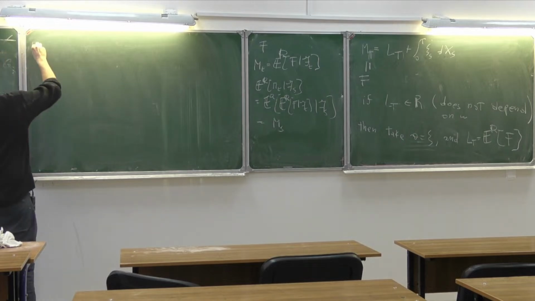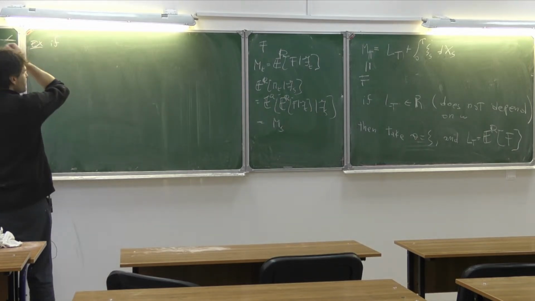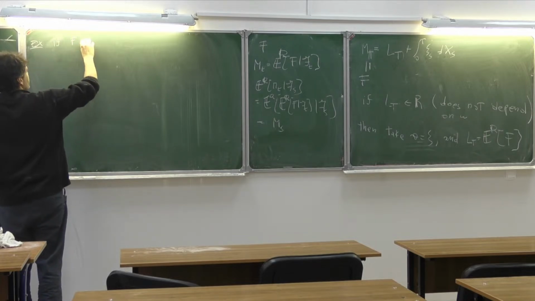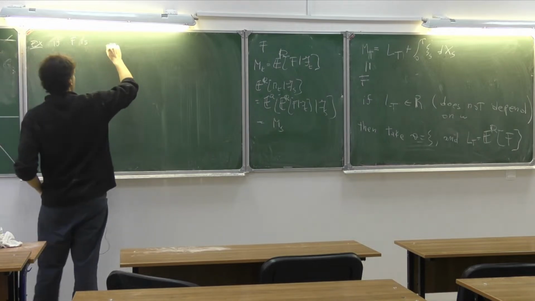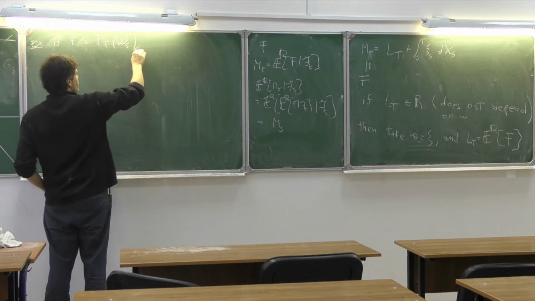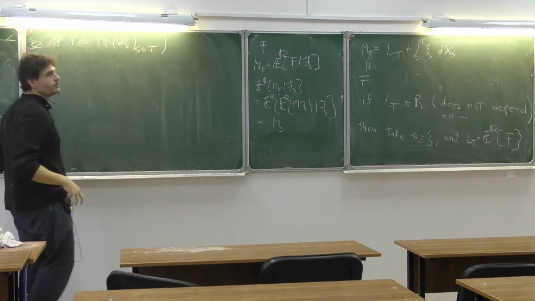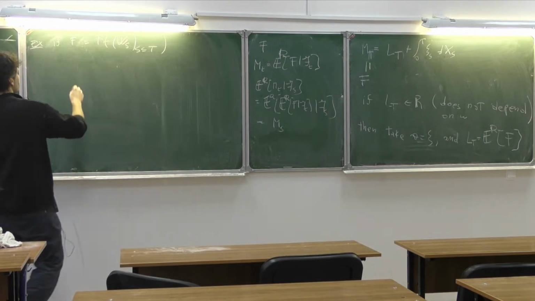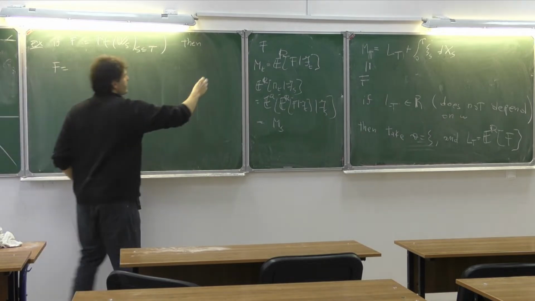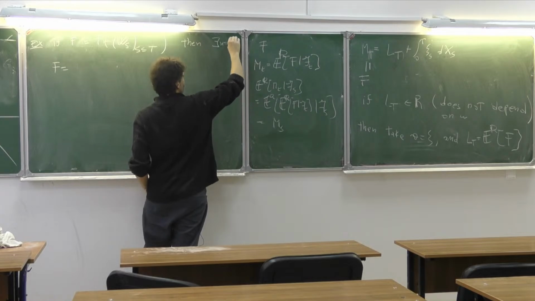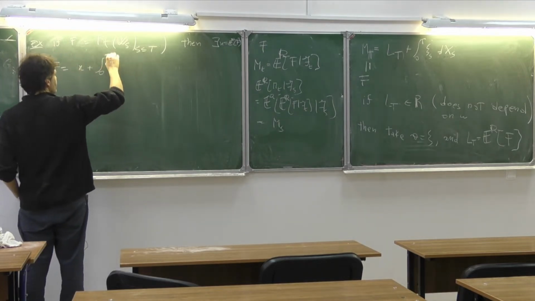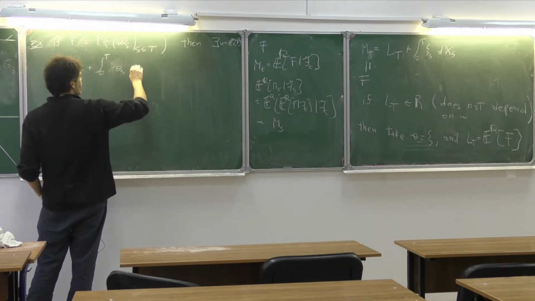Example: if F is some function of a Brownian motion up to time t, a function of the whole path, which just means it is measurable at time t in the filtration of Brownian motion, and of course it's integrable, which was one of the hypotheses, then there exists a constant, which is just the expected value of F, I call it Q, such that F is X plus the integral between 0 and t of some theta_s.